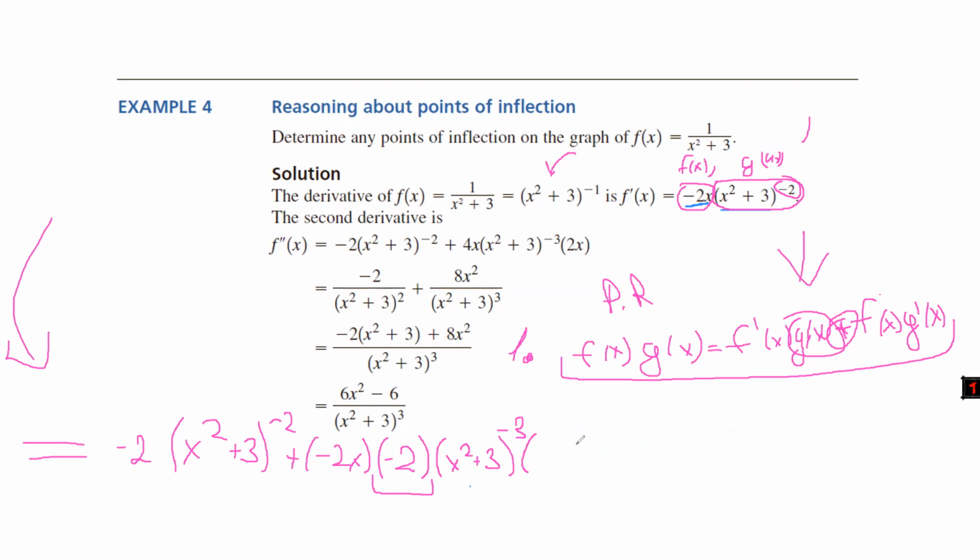I'm not sure what the final part is, like, g of x? No, the final part is the derivative of what is inside. X squared plus 3.